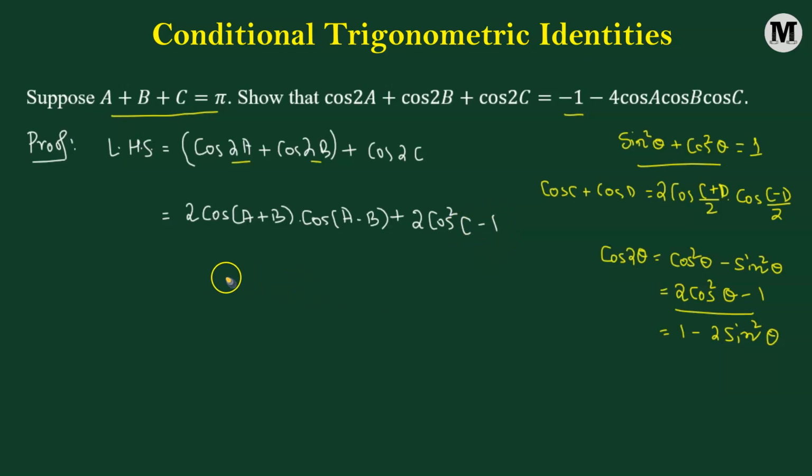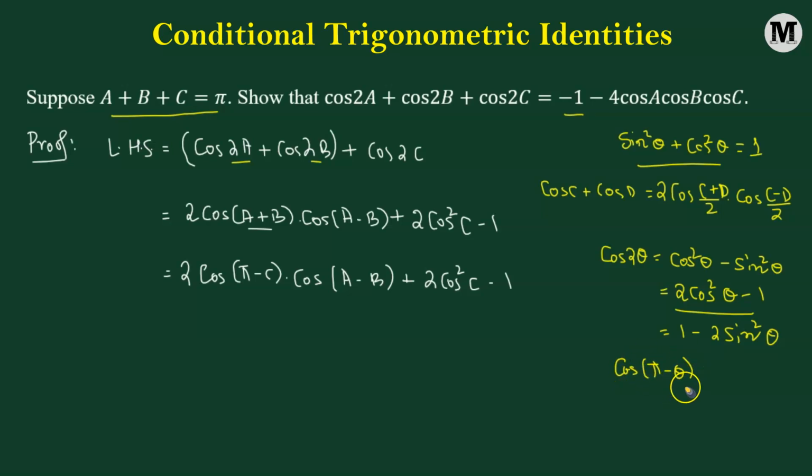Okay, now next we're going to use the condition that A plus B plus C equals pi, and we're going to replace this A plus B with pi minus C. So that means we get 2 times cosine of the angle pi minus C multiplied to cosine of the angle A minus B added to 2 times cosine squared C minus 1. Now what is cosine of pi minus C? There's a standard formula. Whenever we have cosine of pi minus some angle theta, this equals negative cosine theta.